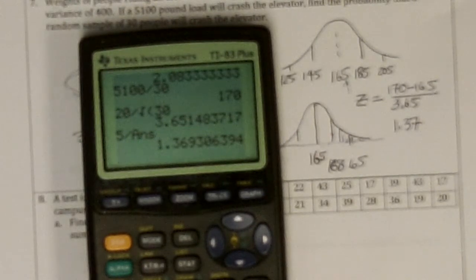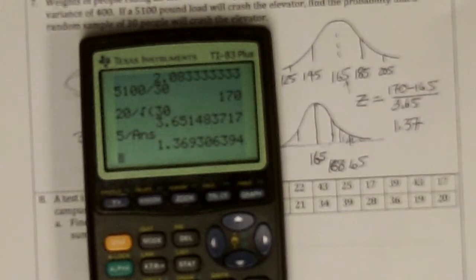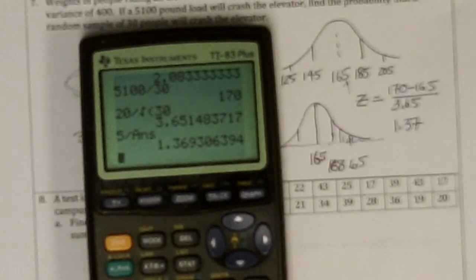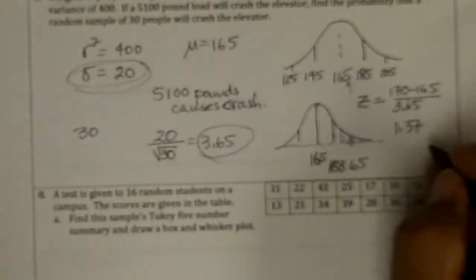And let's see if I can find a table here to show you that. Where are my tables? Not there. Maybe I put it in my drawer here. Yeah, there's one. So I want 1.37. 1.37 is 0.4147.